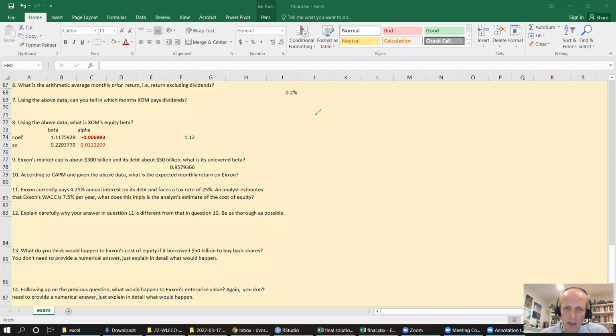CAPM is telling me that the return on equity should be equal to the return on a risk-free asset plus the company's beta times the return on the market minus the return on the risk-free asset, where this thing here is the market risk premium. So we've got all these ingredients.